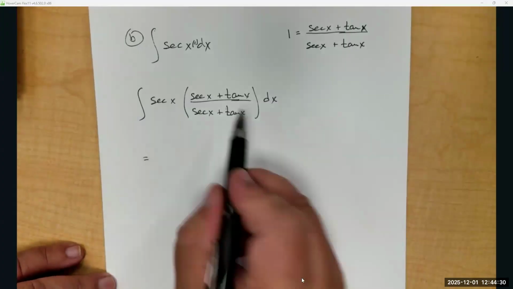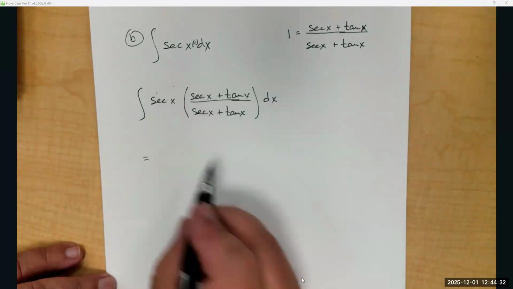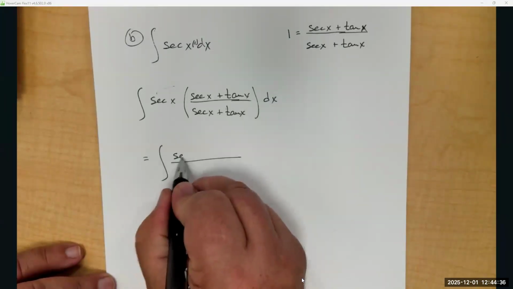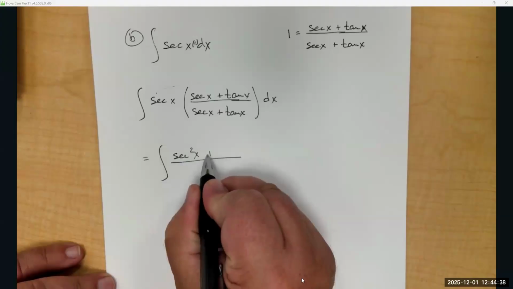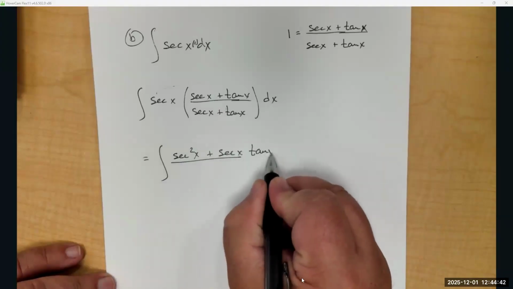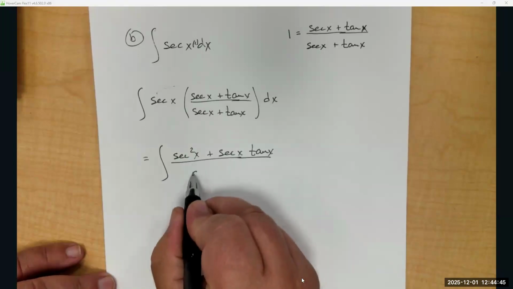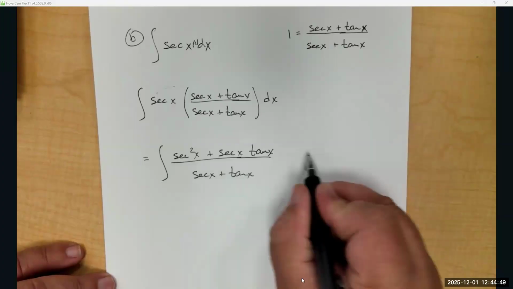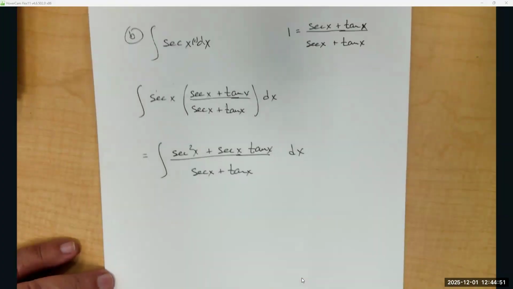Because now, when I multiply this out, I get the integral of secant squared x plus secant x tangent x all over secant x plus tangent x dx.